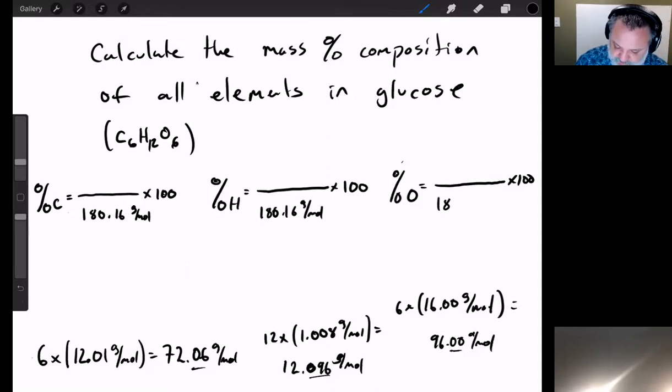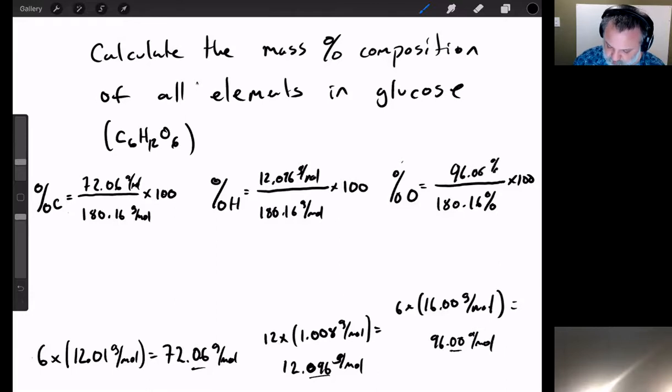And now that I've figured that out, that's going to be the denominator in each one of these calculations. And I've also figured out the numerator in each one: 72.06 grams per mole, 12.096 grams per mole, and 96.00 grams per mole.